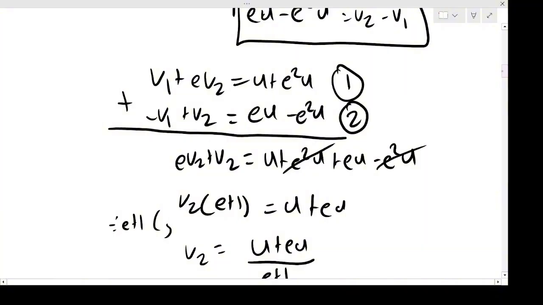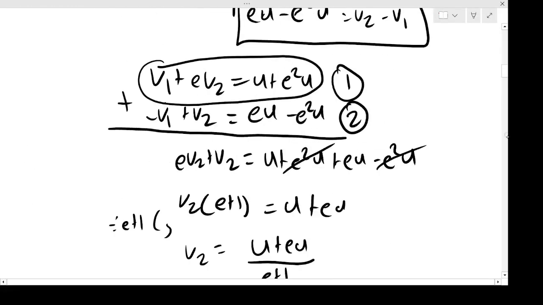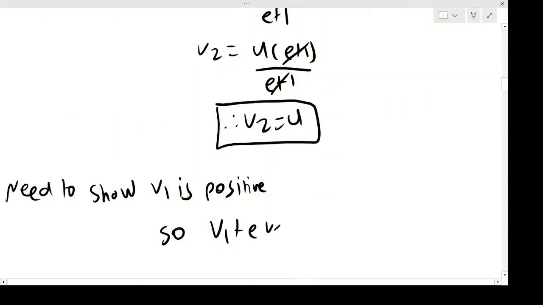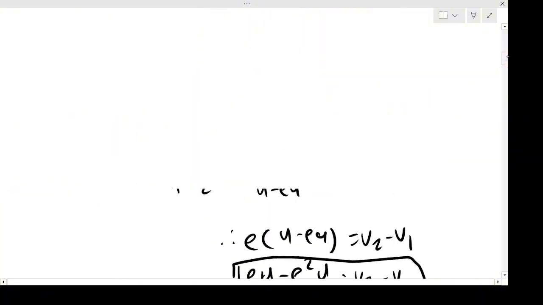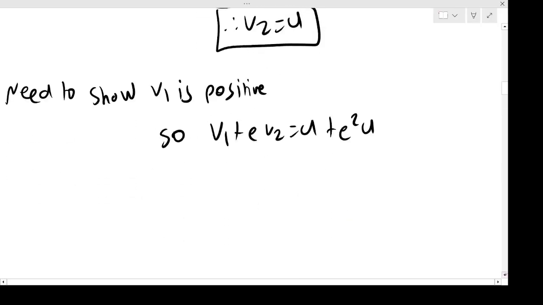So we can substitute it into either equation here. Let's say I substitute it into this one. Actually, it doesn't really matter, does it? Okay, so V1 here. So the first equation: V1 add EV2 is U add E squared U. Okay, so I've just copied one of the equations we had, and now I'm going to sub V2 in.